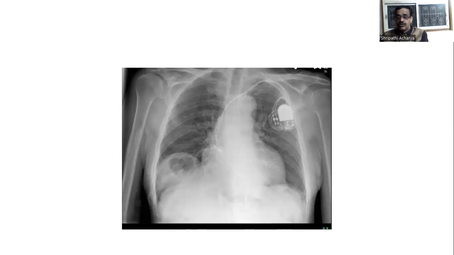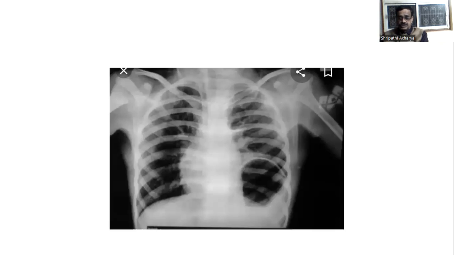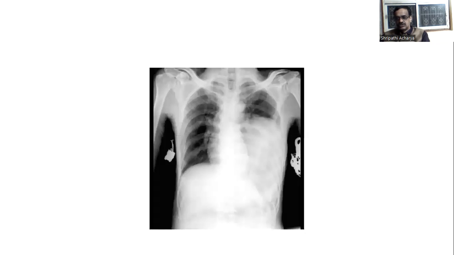This is a case of eventration. If you see the left side, the air shadow of the stomach is present in the thoracic cavity, left side, isn't it? The case of eventration. See, in this X-ray, in the left thoracic cavity, there is abdominal content penetration, isn't it? So this is a case of eventration.